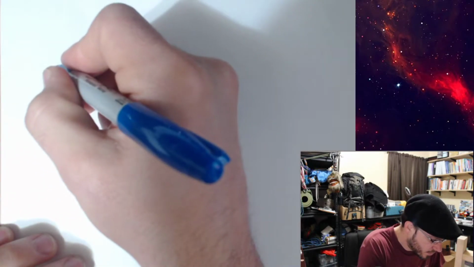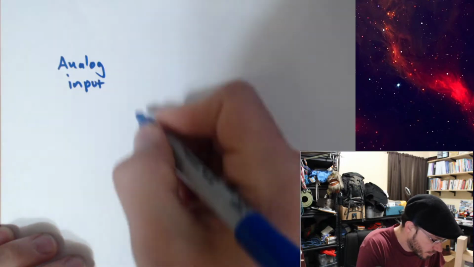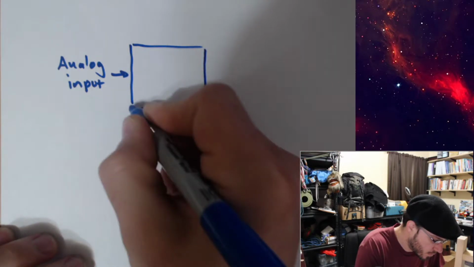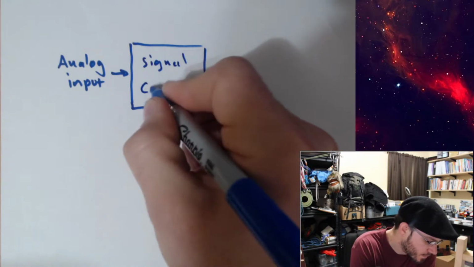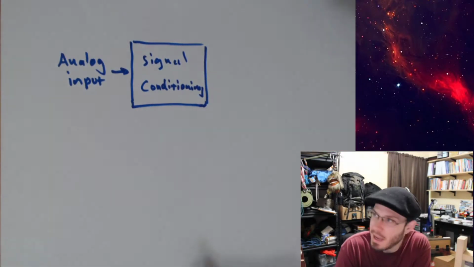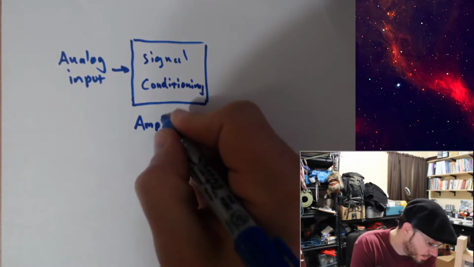So a very typical system that you'd be dealing with, whether it's embedded systems, FPGAs, or just computer hardware in general, we have an analog input, it goes into some type of signal conditioning. This might be amplification. We got to make the voltage larger.